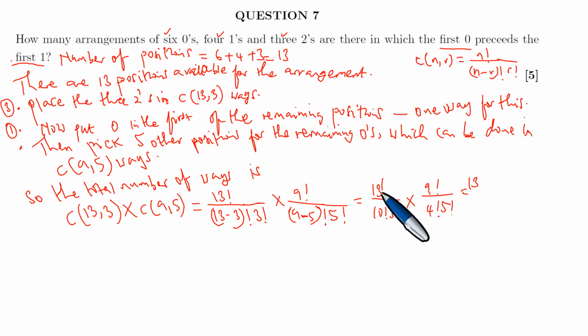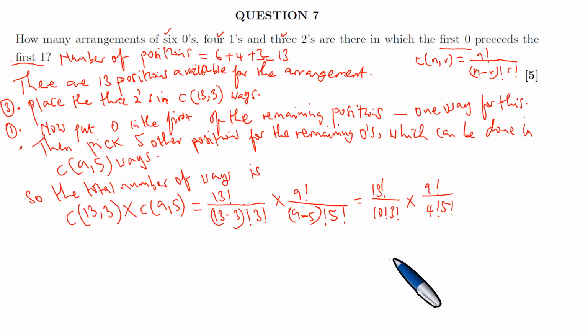You can reduce 13 factorial to 10 factorial and cancel that. 9 factorial you can reduce to 5 factorial and then cancel out. And then obviously use a calculator to simplify the rest.